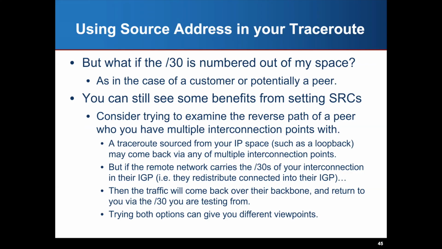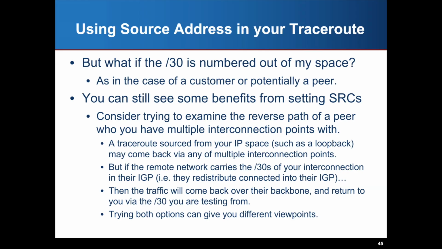So what happens if the /30 is numbered out of your space? In the case you're a customer or potentially a peer, you can still benefit from setting source addresses. So consider that you're trying to examine the reverse path of a peer who you have multiple interconnection points with. You can set the traceroute source to your IP address, such as your loopback, and then you can set it to the /30.